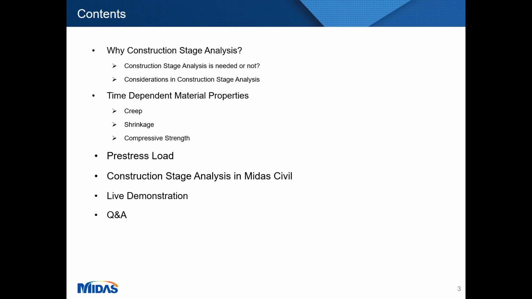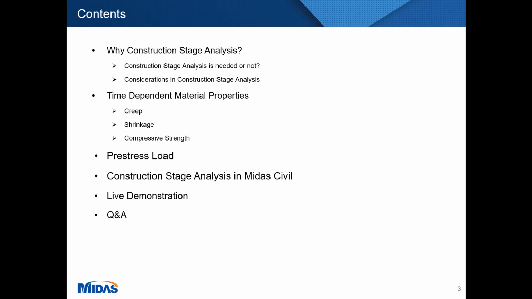So let's first look at what are the things that we are going to cover in this session. First we are going to look at what is construction stage analysis and why is construction stage analysis needed. Here we will try to answer questions like whether construction stage analysis is needed or not for our bridge. Then we will look at certain considerations that need to be taken in construction stage analysis.